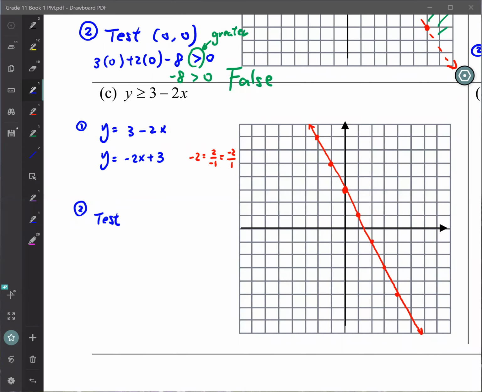Let's all test 0, 0. Okay, 0, 0 is not on the line, so we can test that.